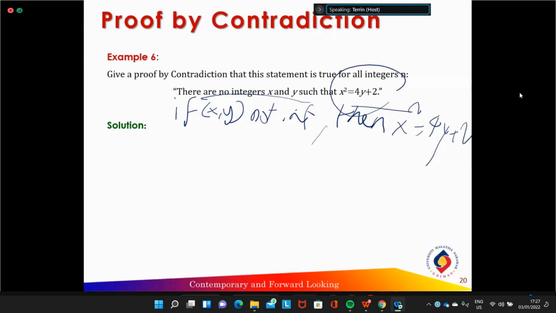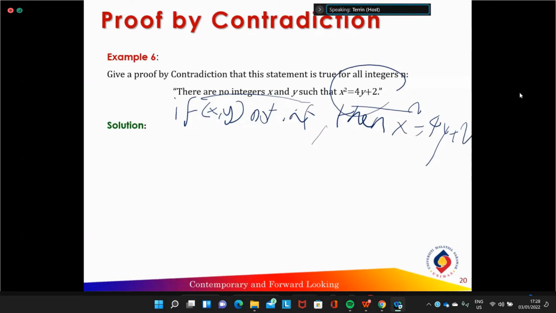So in this case, we are saying that if x and y are integers, then x squared does not equal 4y plus 2. There are no such integers x and y such that x squared equals 4y plus 2.